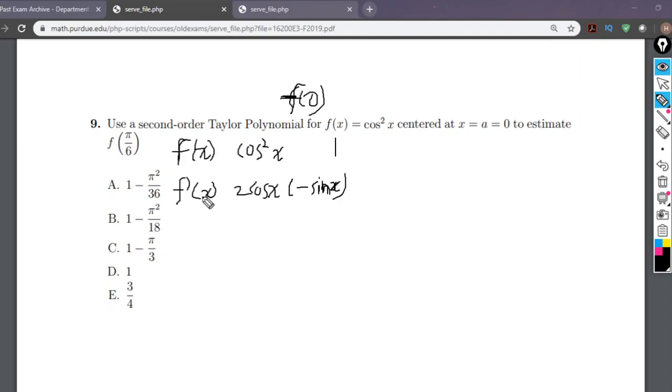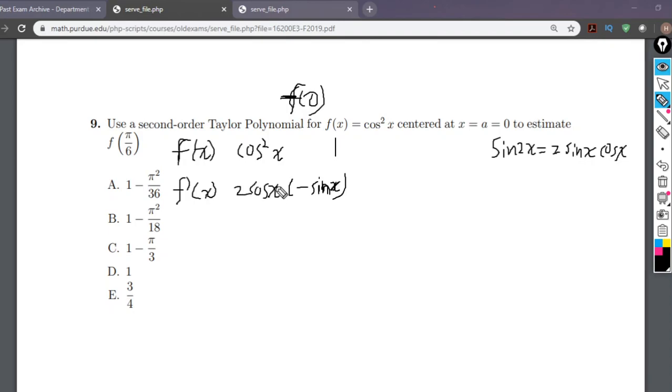At this point, you can continue to take the derivative of this, which would have product rule, or you can use an identity. Let's write it here. Sine 2x is equal to 2 sine x cosine x.